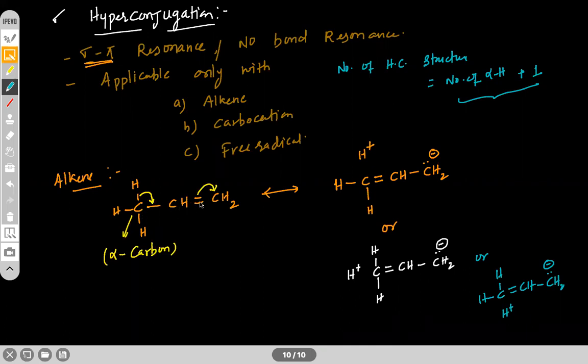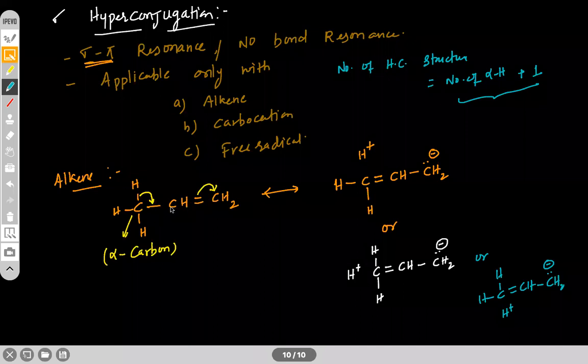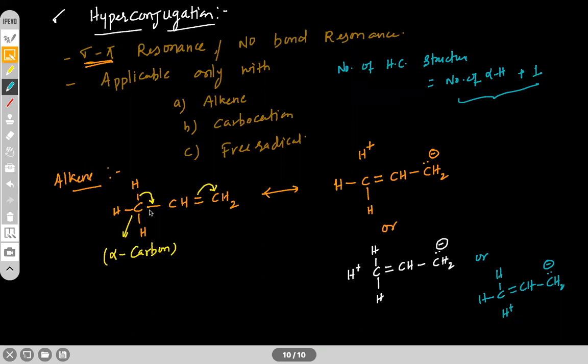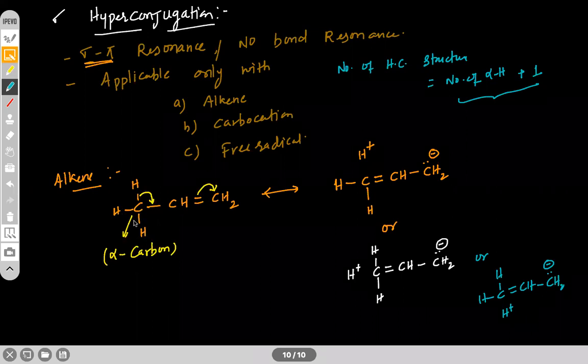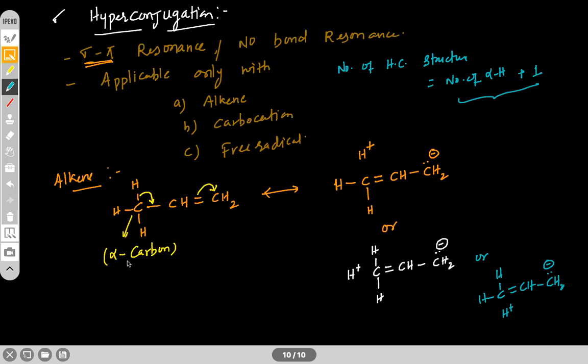Adjacent to this carbon atom, the carbon atom we have, we call it the alpha carbon. So this carbon is the alpha carbon, and the hydrogen attached to this alpha carbon is alpha hydrogen. The number of alpha hydrogens we have, equal number of hyperconjugative structures we can draw like this. But if they ask you the number of hyperconjugative structures, your answer will be the number of structures that you can draw plus the given one. This also we count. Hence, number of alpha hydrogens plus 1.